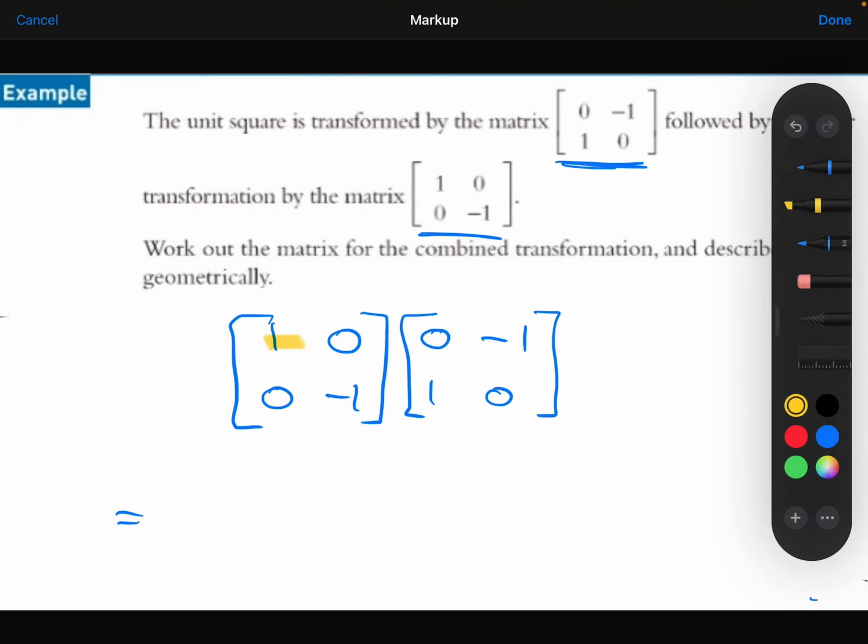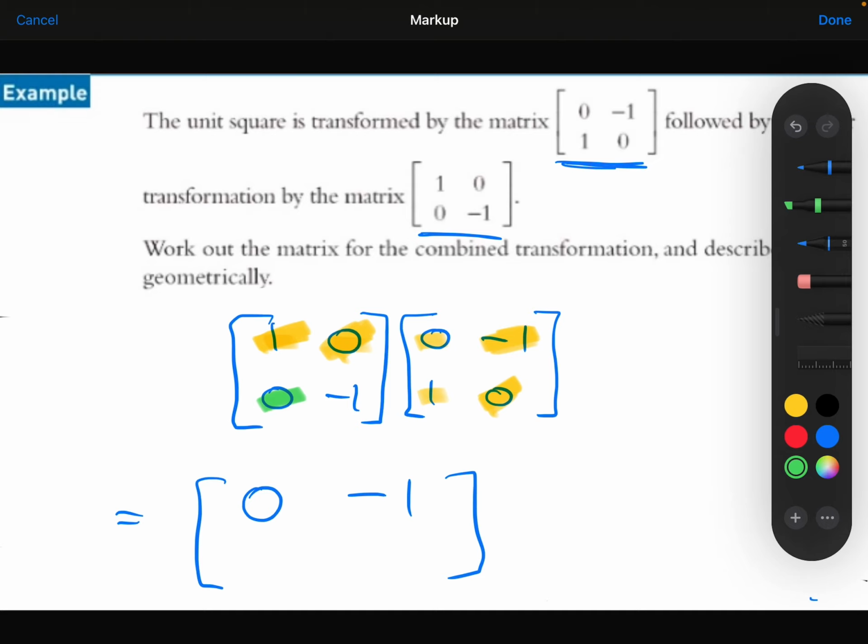So 1 times 0 plus 0 times 1 is just 0. Then we've got 1 times minus 1 plus 0 times 0. So that's minus 1.